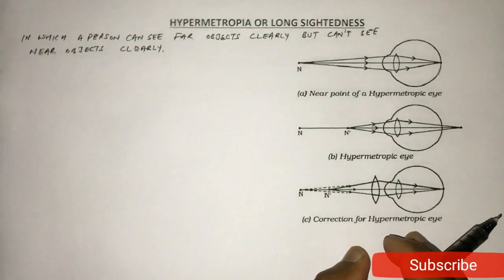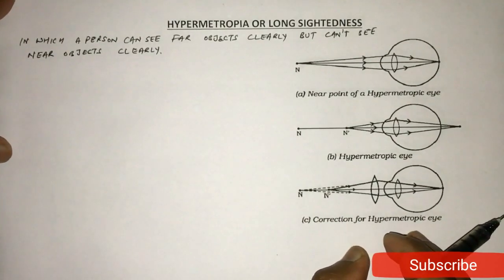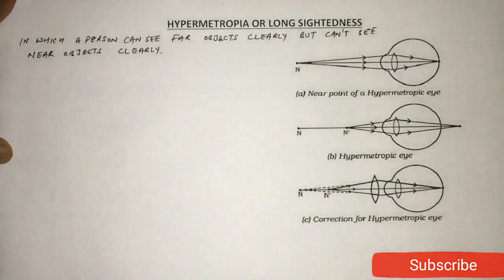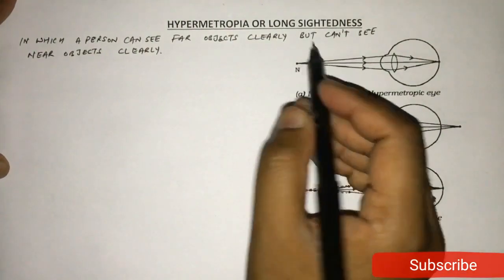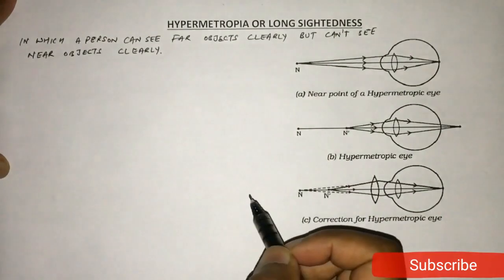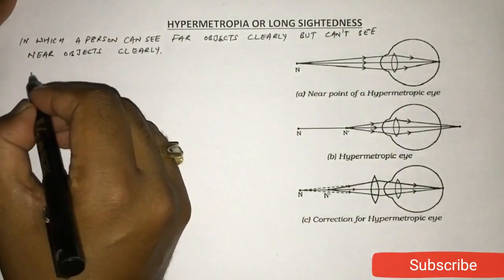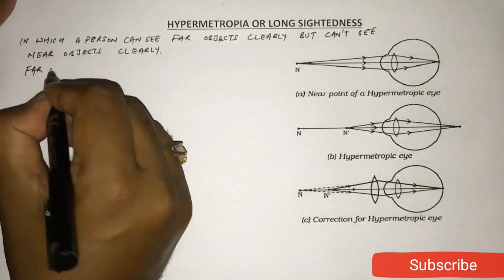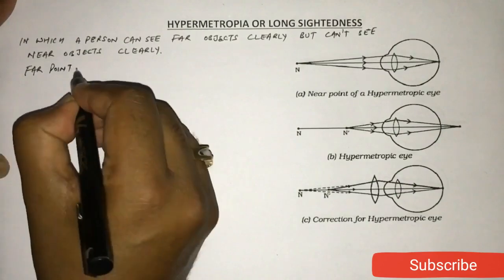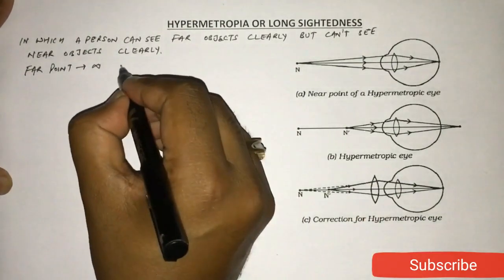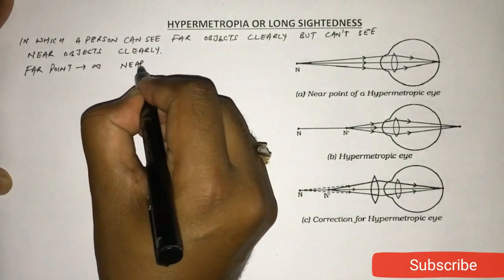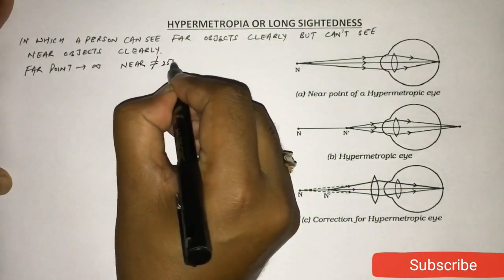So what is the cause of this hypermetropia? What is the cause of this long-sightedness? In this case of hypermetropia, the far point is infinity. But the near point is not 25 centimeter.